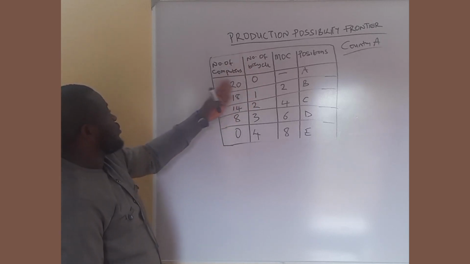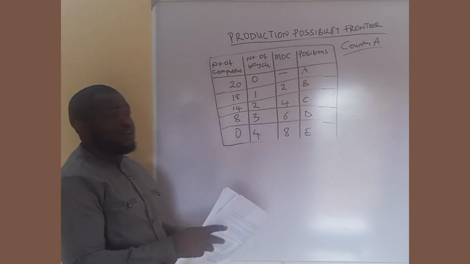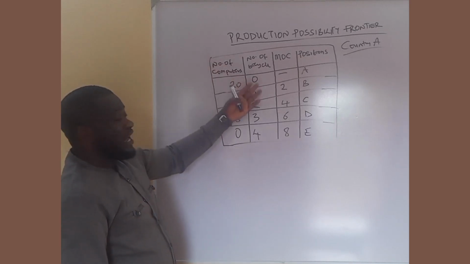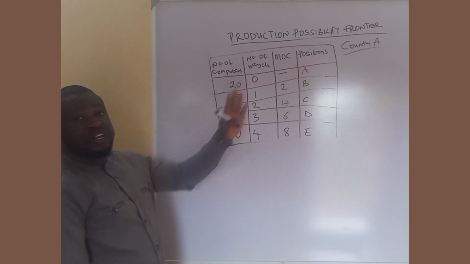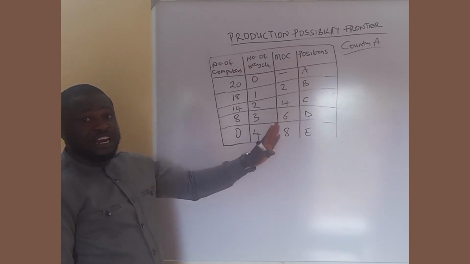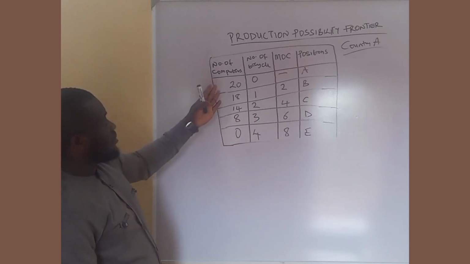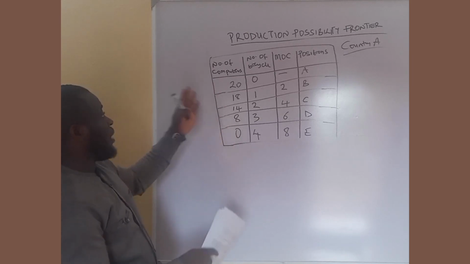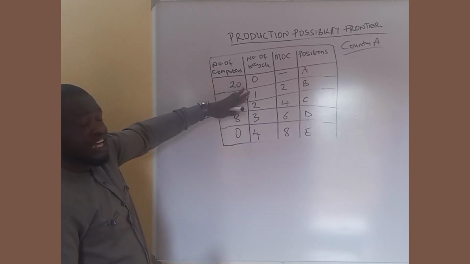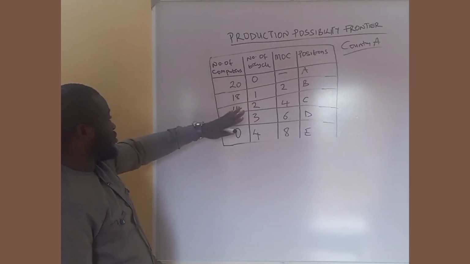This table shows us the various combinations of computers and bicycles that country A can produce when all the factors of production available are fully utilized. And as resources are being switched from production of one commodity to the other, we see that the trade-off becomes evident, as you can see here.